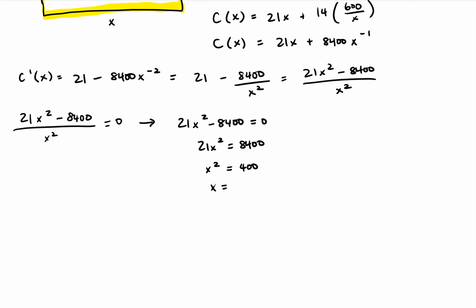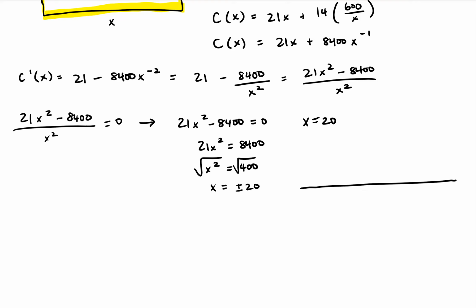And finally, we get that x is equal to plus or minus 20. Now, x represents a distance or a length, and so in the context of this problem, the negative 20 does not quite make sense. And so we are going to work with x equaling 20.